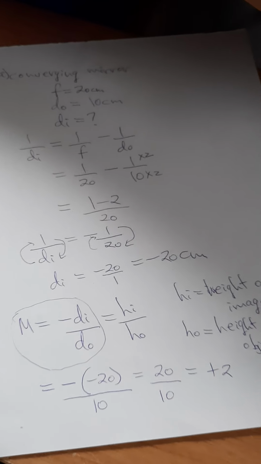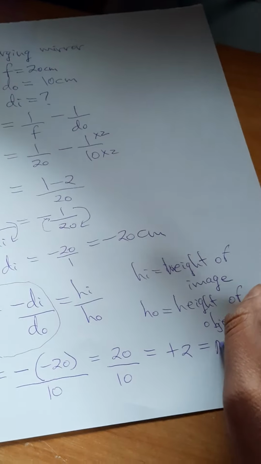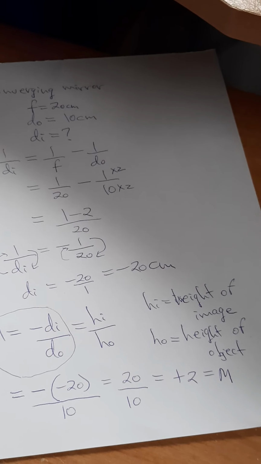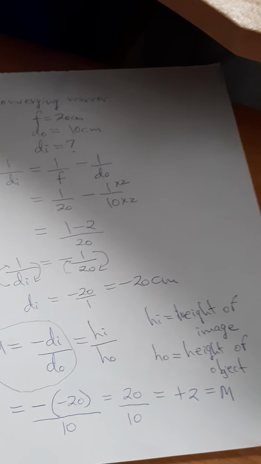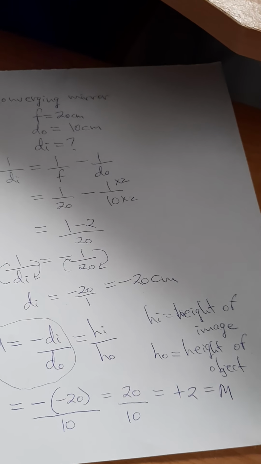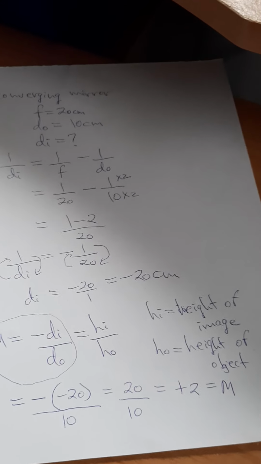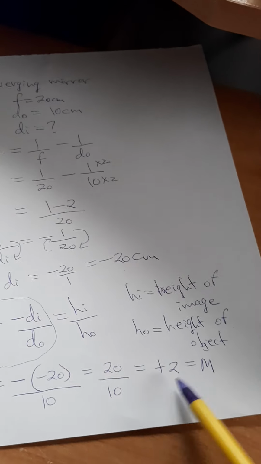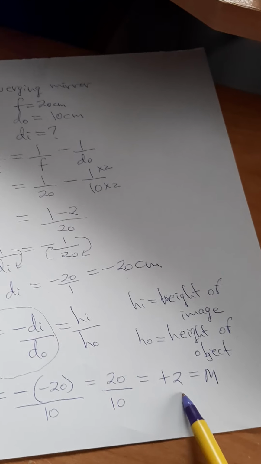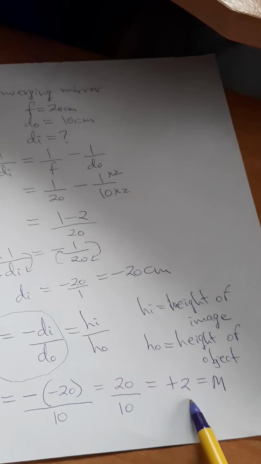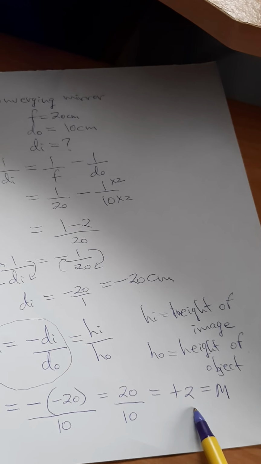And this is what the magnification is equal to. So the magnification of her face is basically 2 times greater. I know that her face is between the focus and the mirror, and that's why it's magnified. The image is positive. Remember, it's forming behind the mirror, but the image is going to be upright.